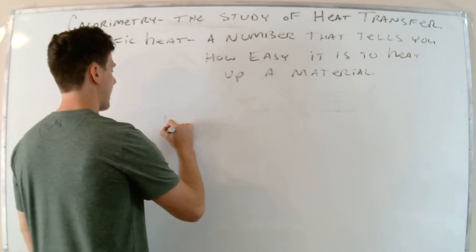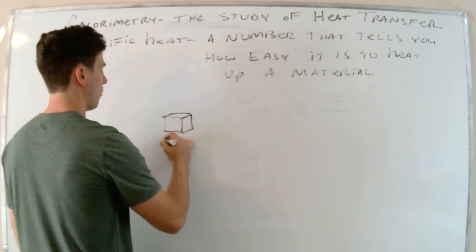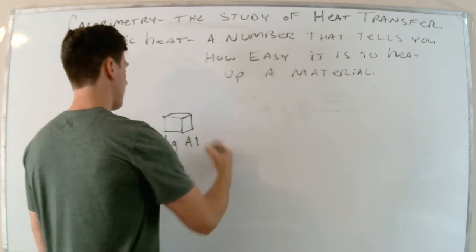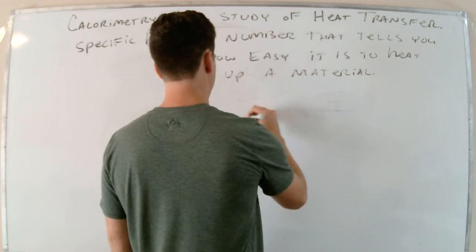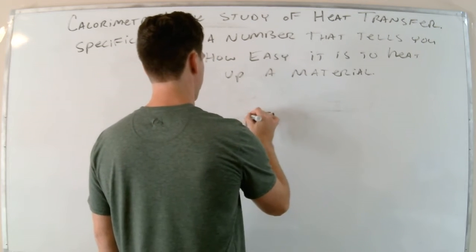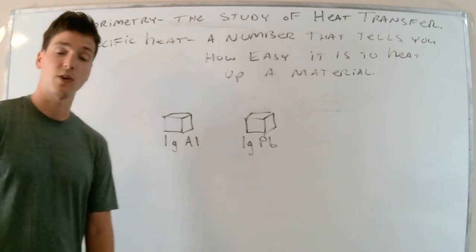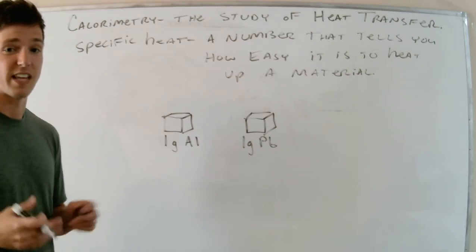Let's say that I got just a 1 gram block of aluminum. And let's say that I have a 1 gram block of lead. So I got the same amount of aluminum and I've got the same amount of lead.